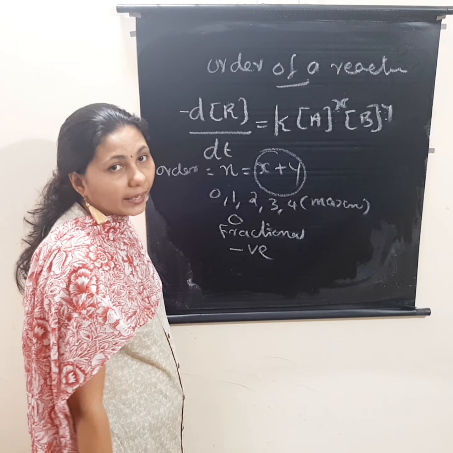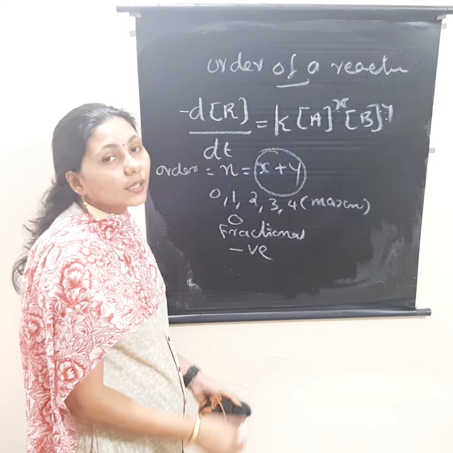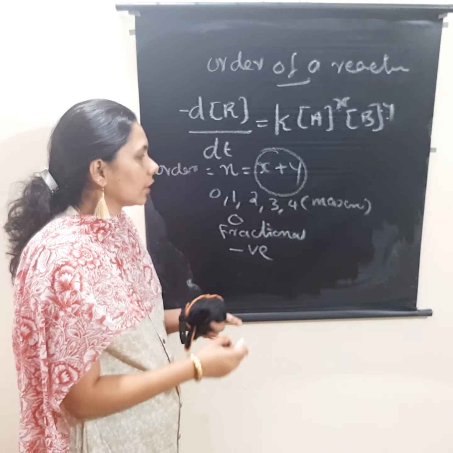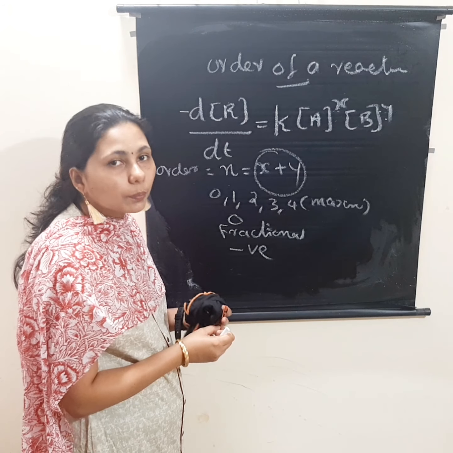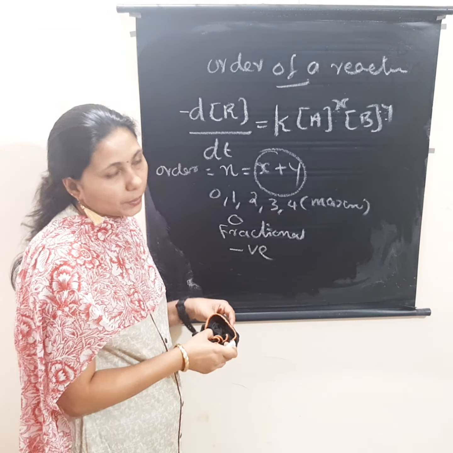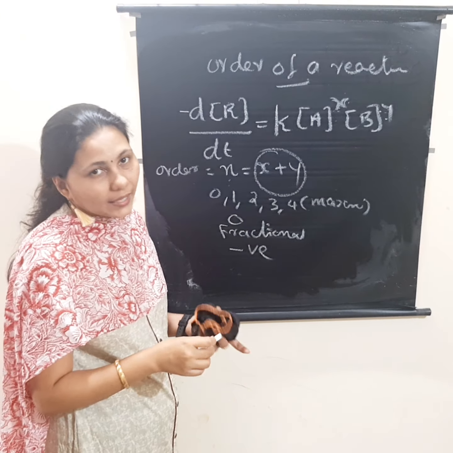And the order of a reaction mainly depends on the mechanism of the reaction and also the rate of the reaction. So order means the sum of the powers of the reacting species in a rate law expression. So x plus y gives the order of a reaction.